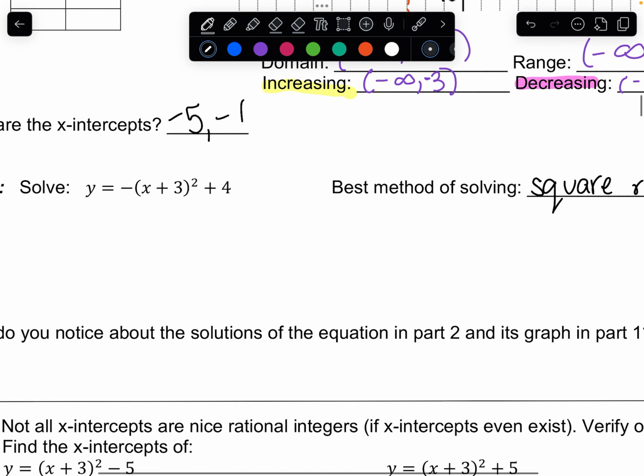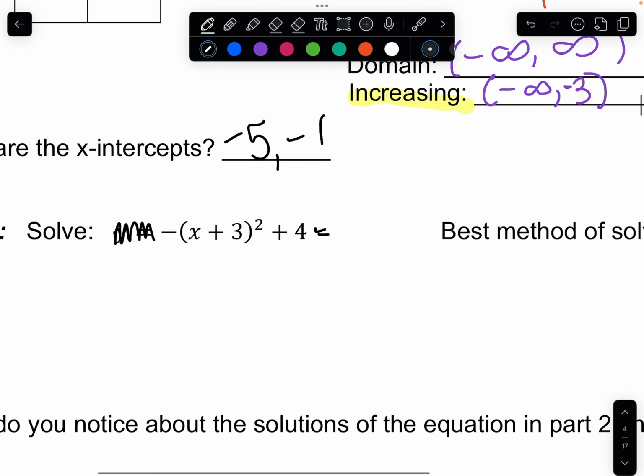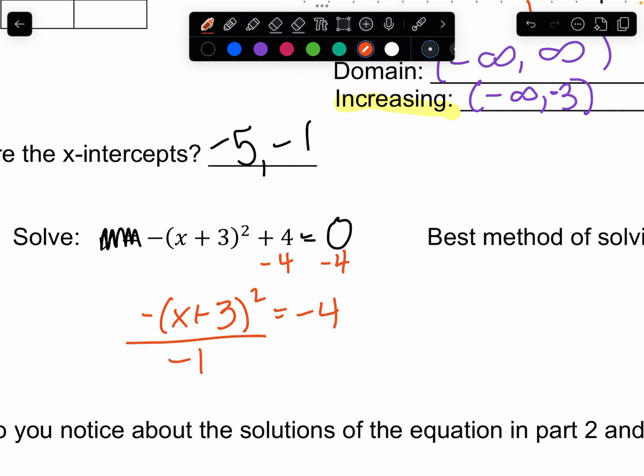And so what we're going to do is replace that with 0 and then solve. So I'm going to subtract 4 from both sides, divide both sides by -1 because, again, we're trying to isolate our square term.